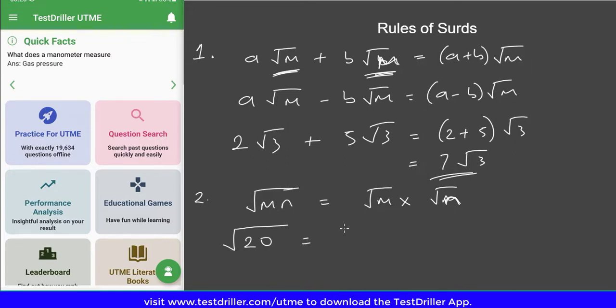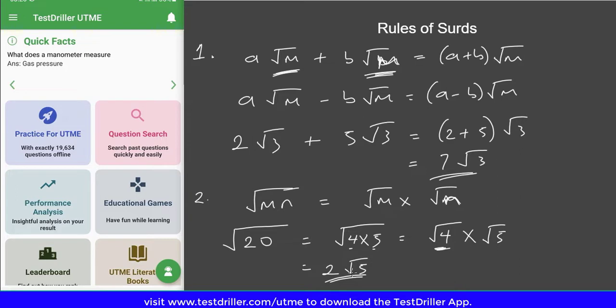You can write root 20 as root 4 times 5. And because you now have m and n, you can break it down further to root 4 times root 5. And now we can look for the root of 4, which is 2, so you get 2 root 5. So this rule allows us to convert something that looks like a pure surd into a mixed surd. Because if you can break it further into this, you can take the root of each component and then simplify further. So that's what this rule states.